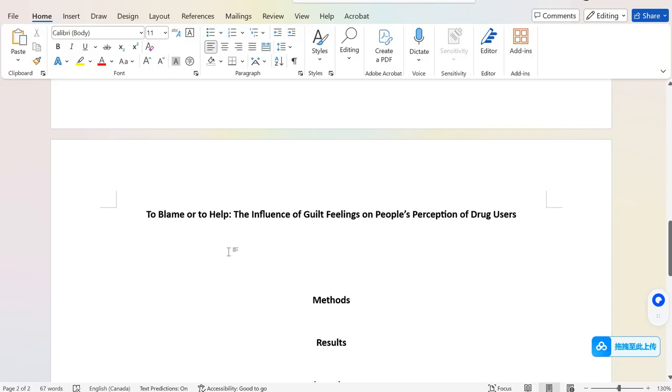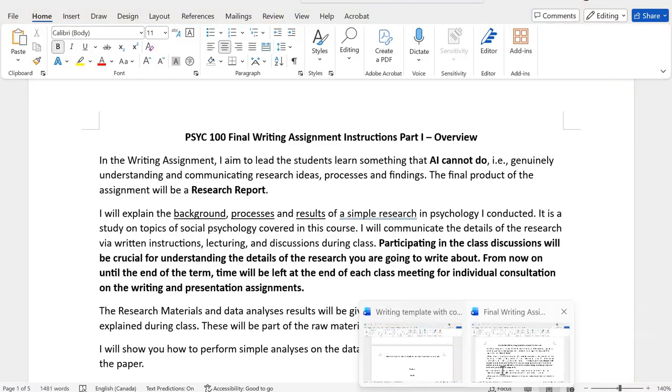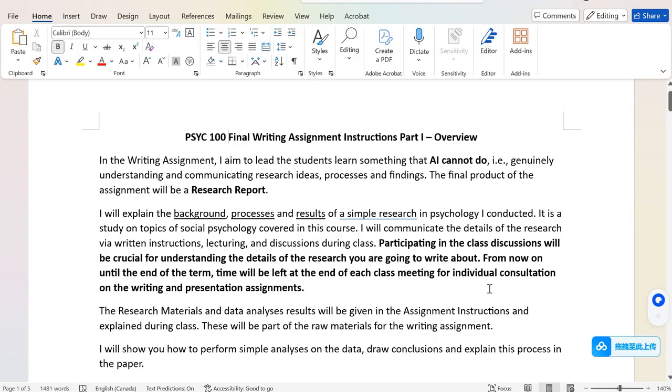The first step in doing the assignment is actually understanding the research. You're going to write about research. You're going to write a research paper, a research report, and then what is the research? Do you understand the research? That is step one.